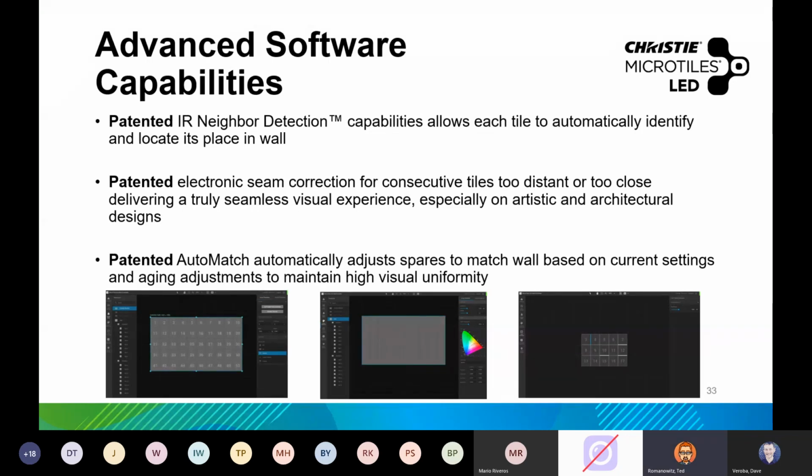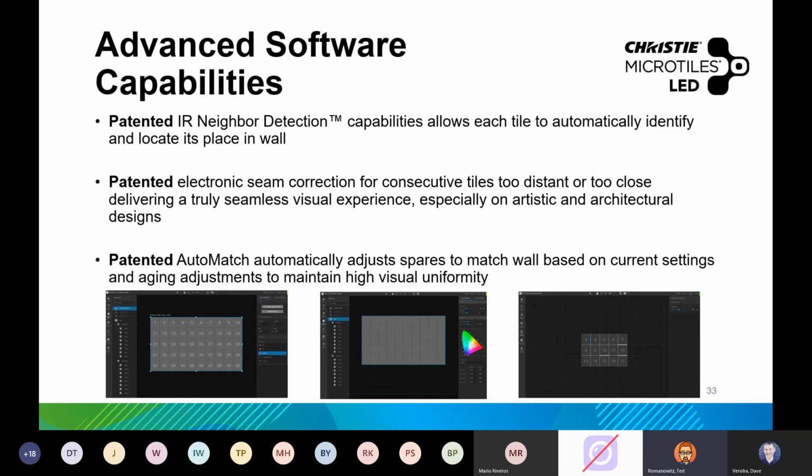Some of the advanced capabilities that we have include IR neighbor detection. So imagine you're in a party situation or a gathering in a room, and as new people come into the room, you go over and you greet them and you welcome them. That's exactly the concept behind IR neighbor detection.